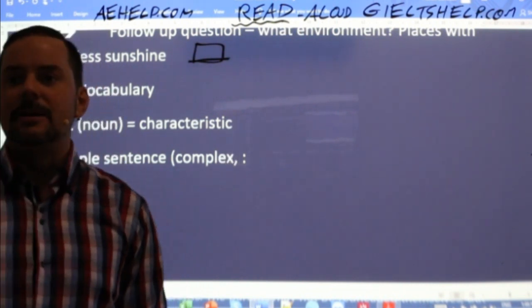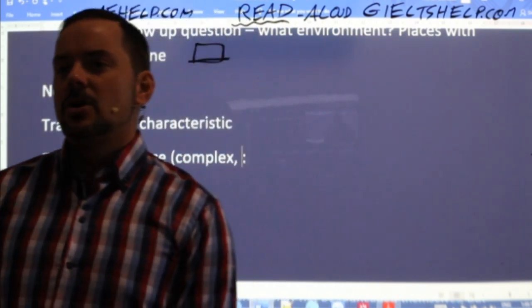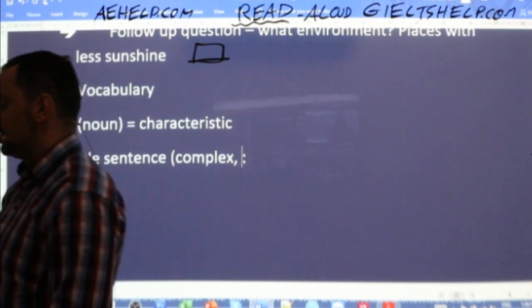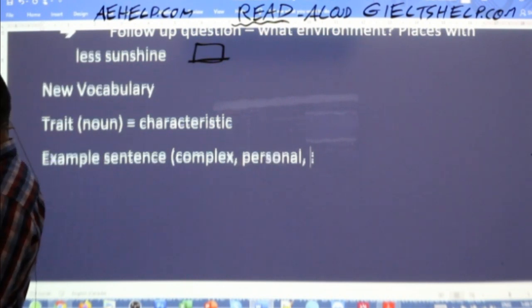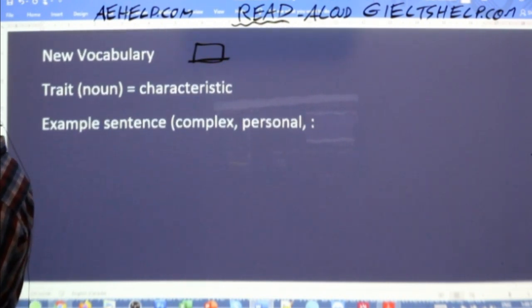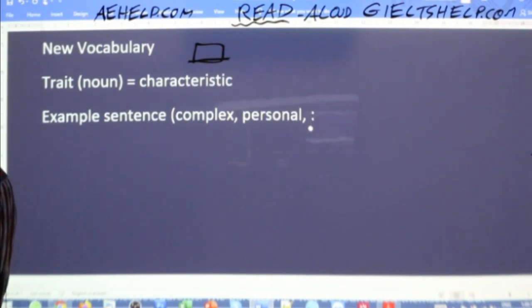Does anybody remember? Awaz says it should have some kind of context. Okay, I'll tell you what it should have. It should be complex. It should be personal. Yeah, complex, personal.